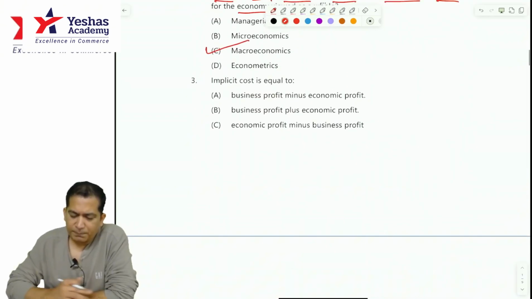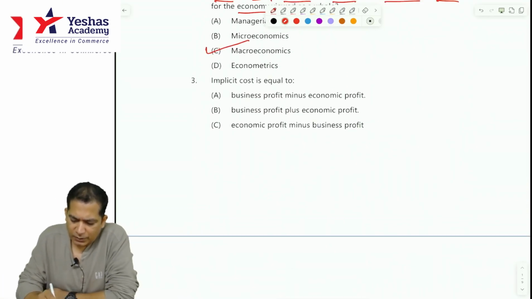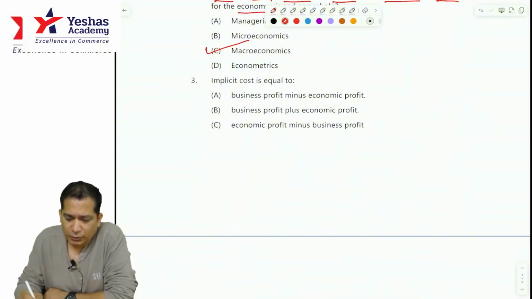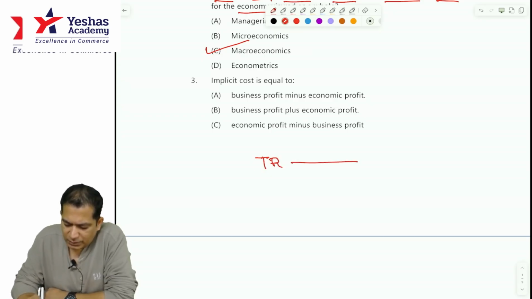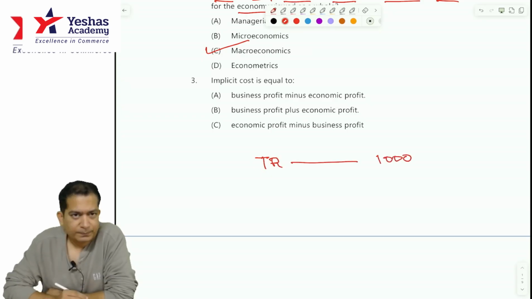Implicit cost is equal to. Now, when we are talking about determination of accounting profit or loss or economic profit and loss, let's say our total revenue is rupees 1,000.